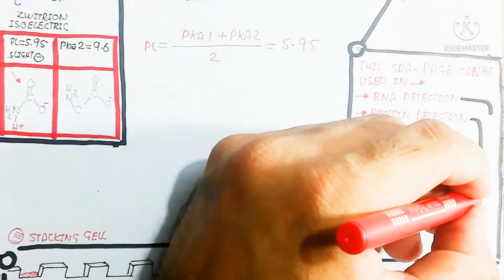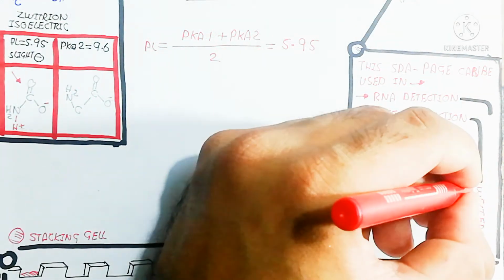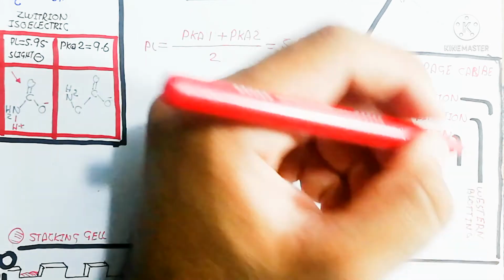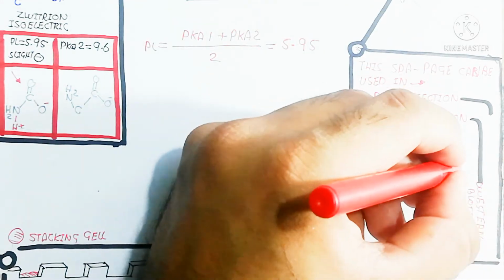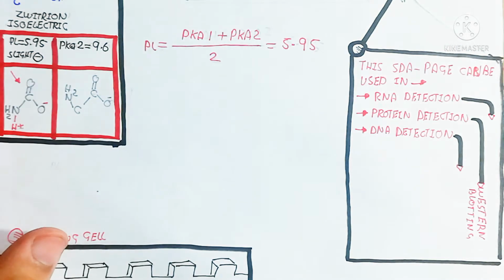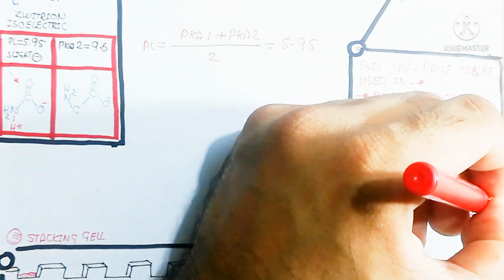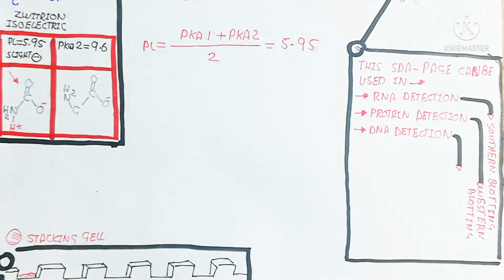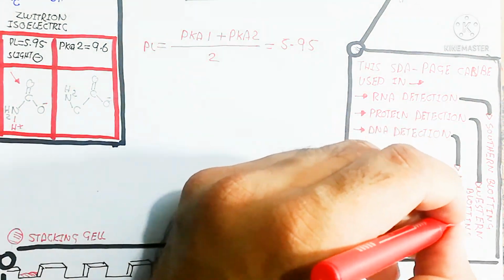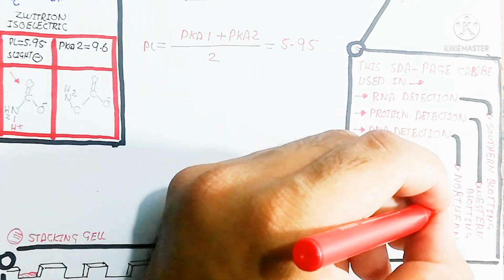We are understanding about mitochondrial proteins, so we can confirm that a mitochondrial protein contains leucine, for example a leucine-containing protein. This SDS-PAGE can be used in RNA detection, protein detection, and DNA detection by Southern blotting, Western blotting, or Northern blotting.